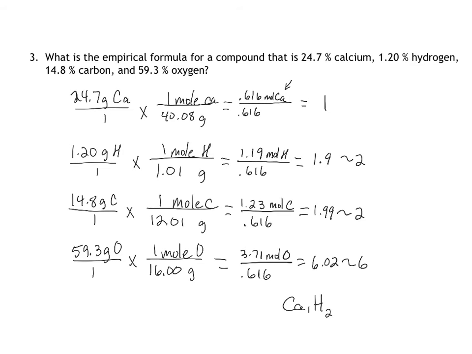Hydrogen, we're going to have 2. Carbon, we're going to have 2. And oxygen, we're going to have 6. So our final one will be CaH2C2O6 for our empirical formula.